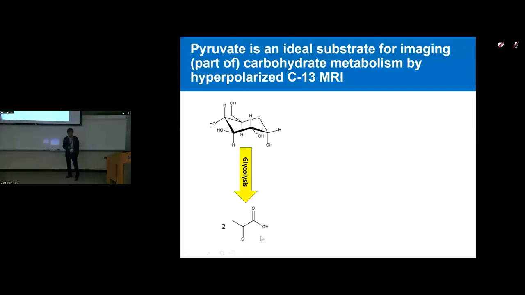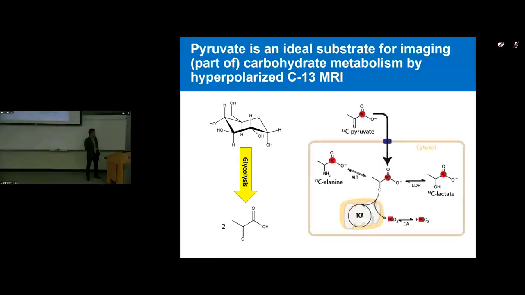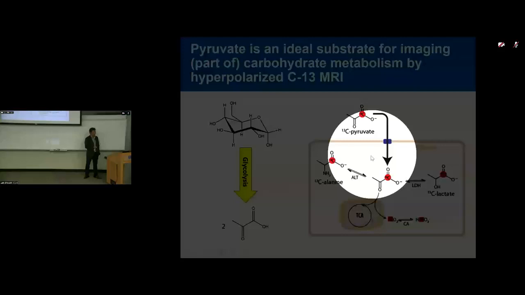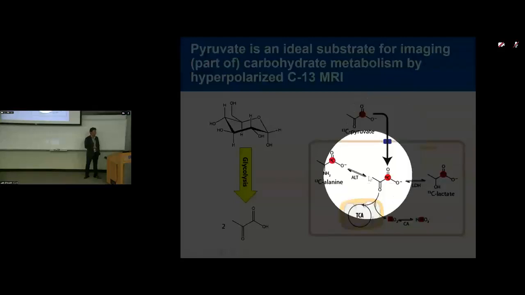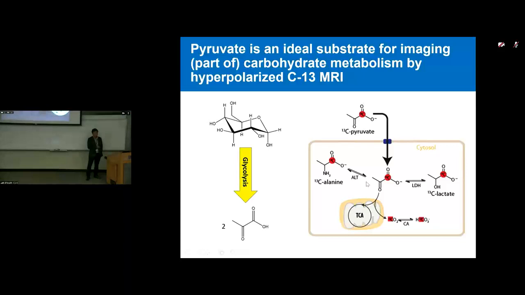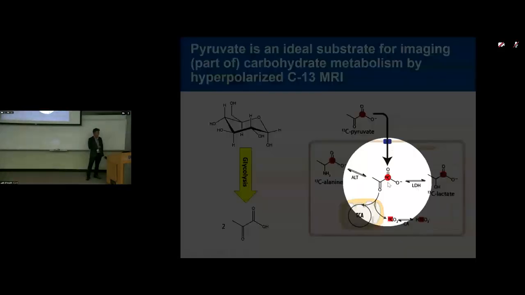When you polarize it and inject it into the bloodstream, it will flow through, get into the cells, get transported, and get metabolized in 3 different directions. One is into lactate, which we talked about earlier, and it can also be metabolized to alanine.